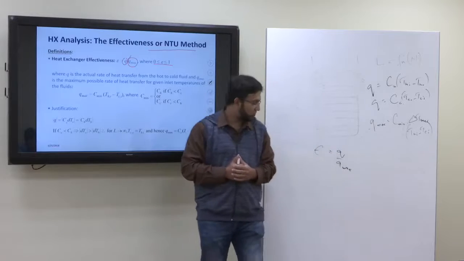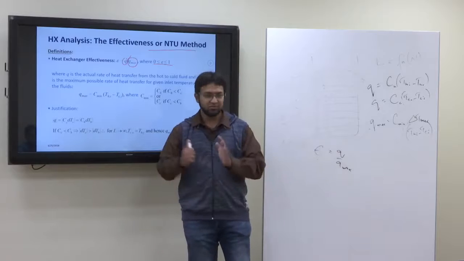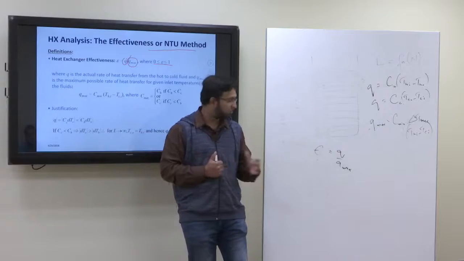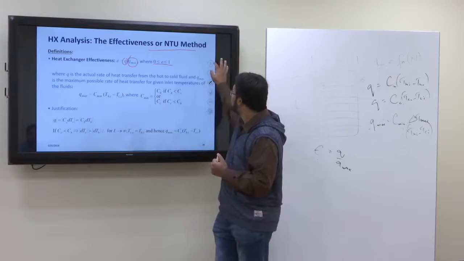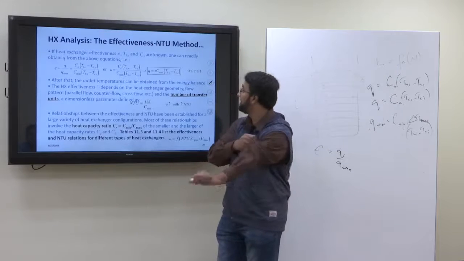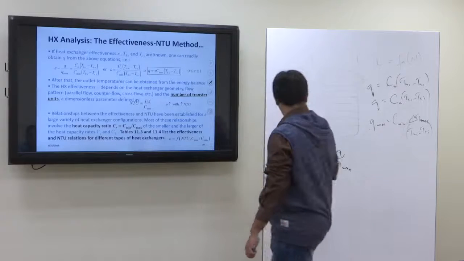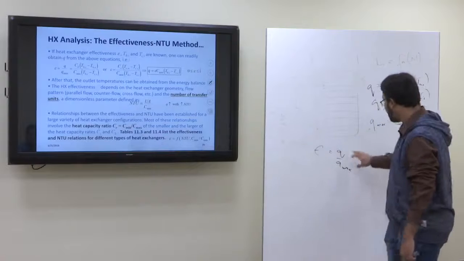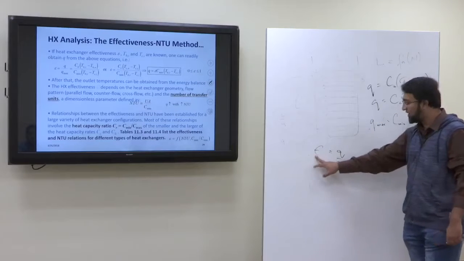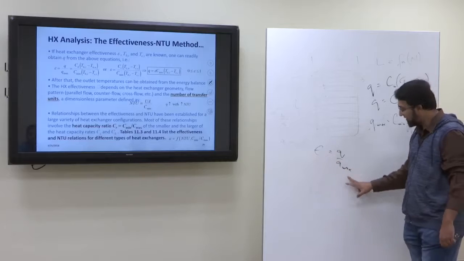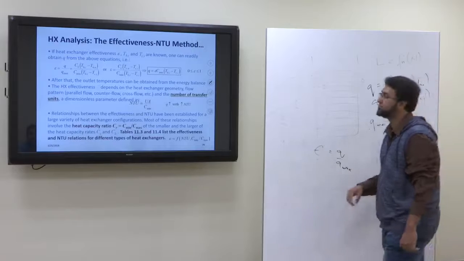So Q must be less than Q max in any case. That's how we define the heat exchanger effectiveness. So if we know Q max and the effectiveness, multiply Q max with effectiveness, we'll get Q. That's it.